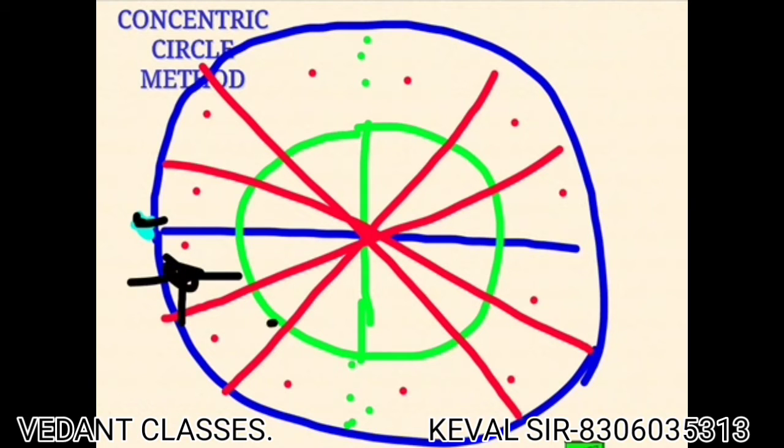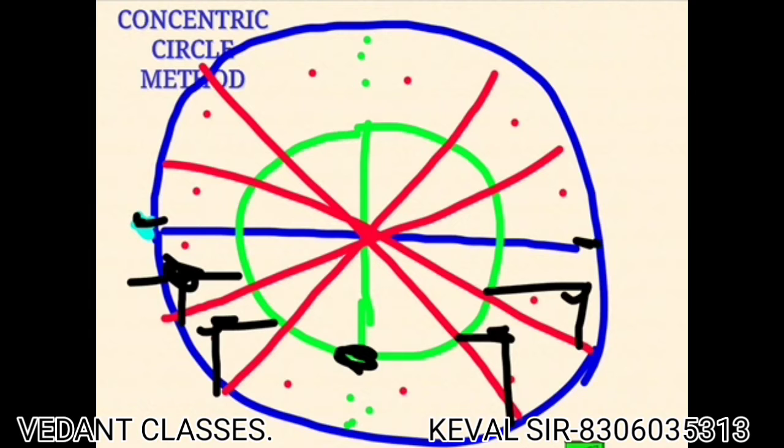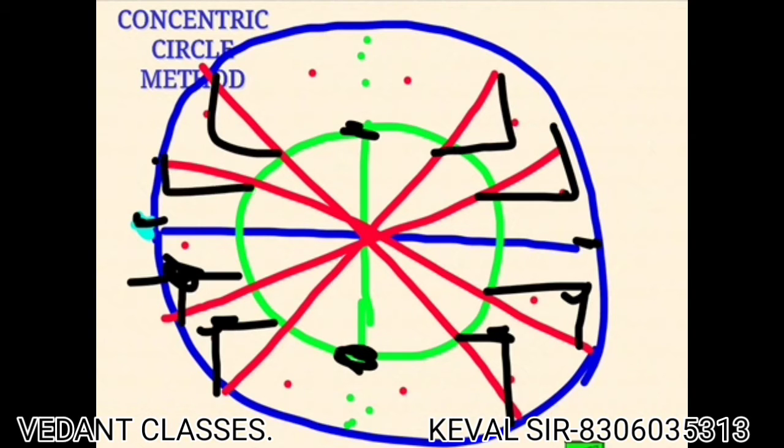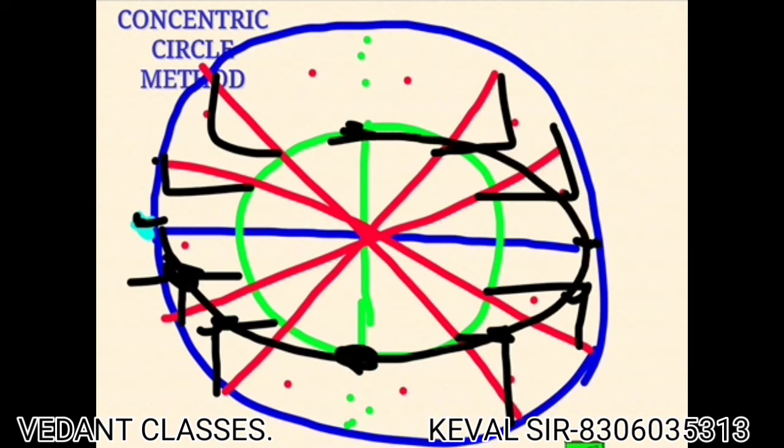Then this will be your third point, this will be the fourth point, then the fifth point, this will be the sixth point, this will be 7. Likewise you will get all the points to form an ellipse. At the end you just need to join all these points to get the required ellipse. So this is how the process follows.